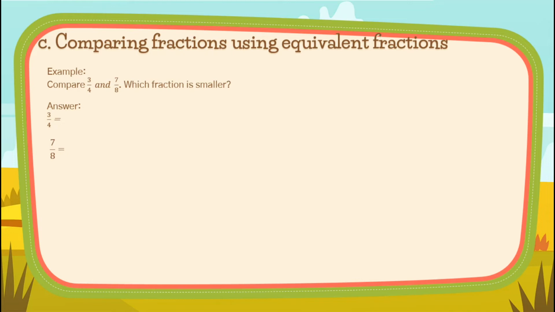We are going to find the equivalent fractions of each fraction. 3/4 times 2 equals 6/8. Times 3, 9/12. Times 4, 12/16. 7/8 times 2 equals 14/16.